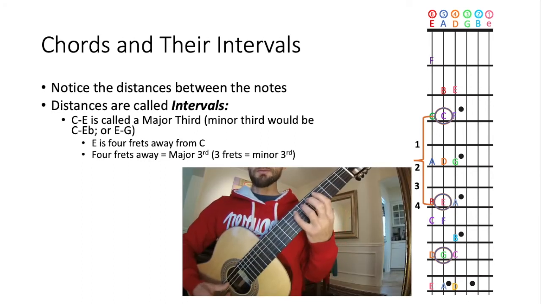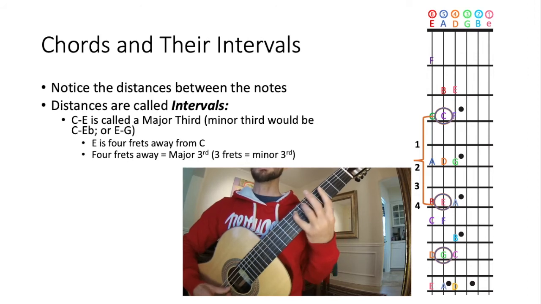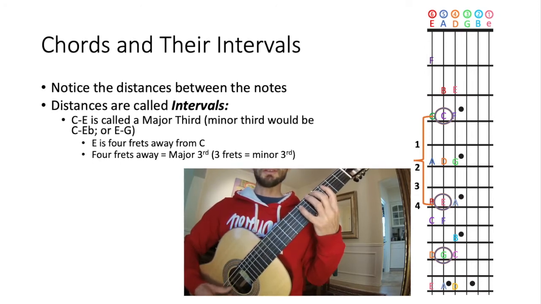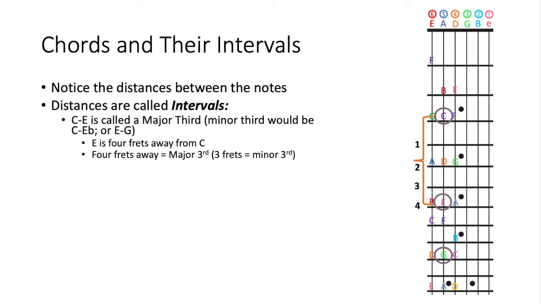E flat is 3 frets away, as I mentioned earlier. 1, 2, 3 is minor because it's smaller in size. Major, minor. We often associate minor thirds with sadder sounds in a lot of Western music culture.